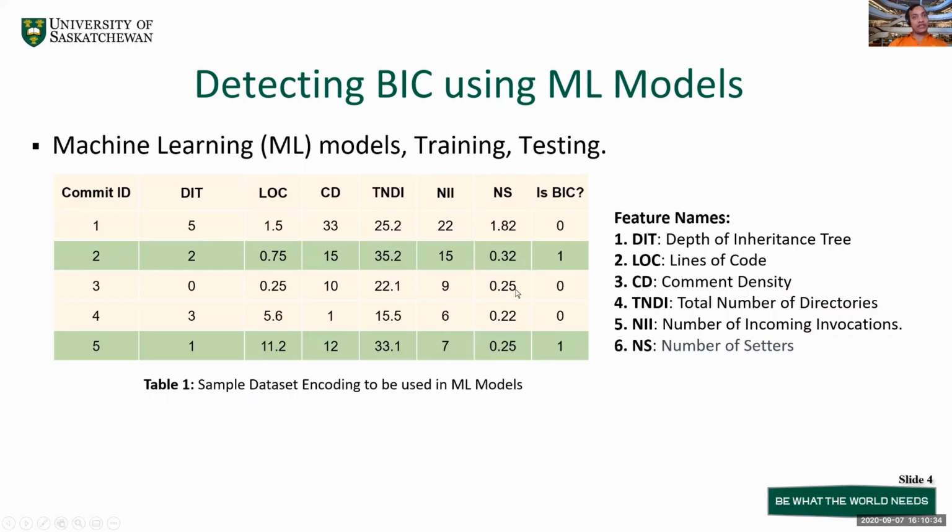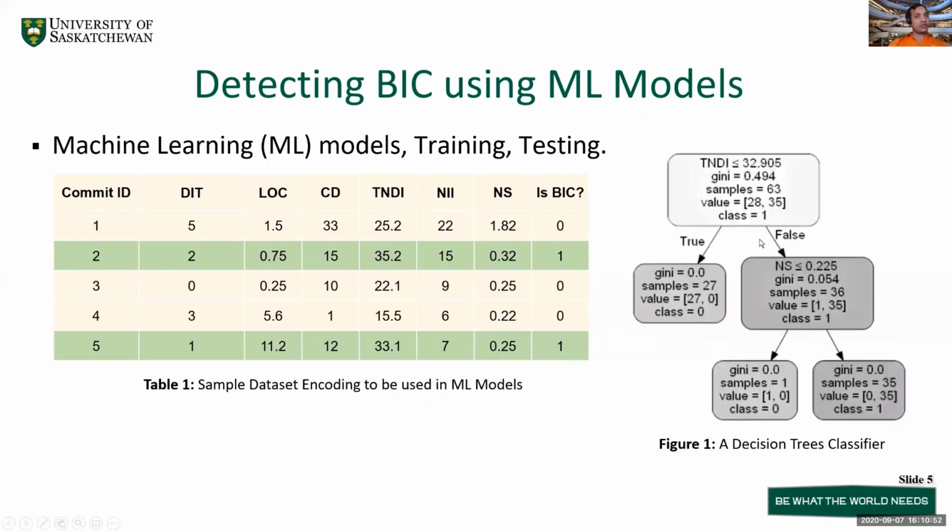Now, if I train a machine learning model using this data, the model will be able to detect whether a future commit is bug-inducing or not, based on the trained data provided. Here I want to show an example of a decision tree classifier which is trained on 63 data samples.